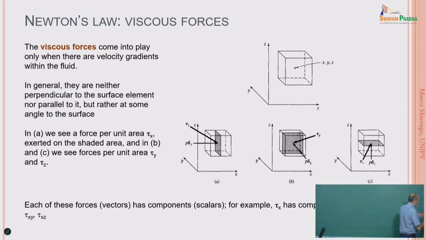So each of the three forces has components, which are scalars. So tau x in fact has components tau xx, tau xy, and tau xz. The things are starting to become a little bit more complex then.